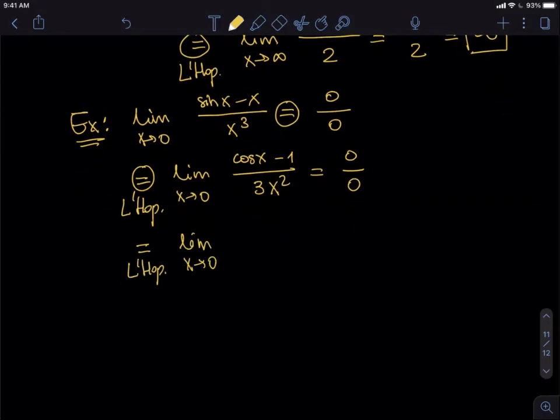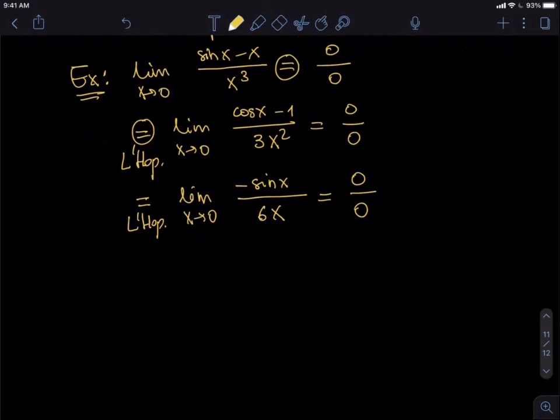Take the derivative of the numerator divided by the derivative of the denominator. Okay. So the derivative of the cosine is minus the sine of x. The derivative of 1 is 0. And then in the denominator, we have 6x. And we still get 0 divided by 0. So we need to keep going.